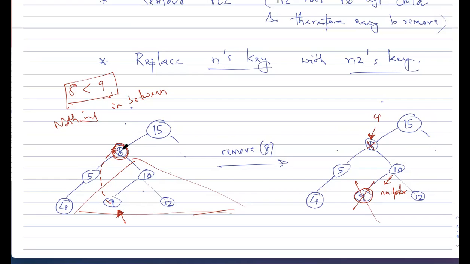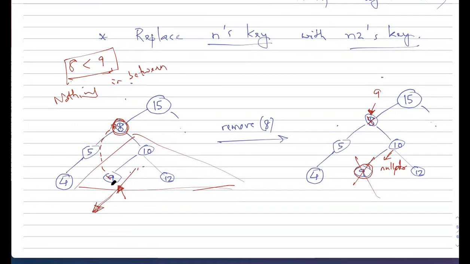The question is, how do you bump 10 upwards? Because you may have a situation where, suppose in this case it was not 9, it was something else, and you have a subtree going down, because we have to go down the leftmost chain to the end, right?